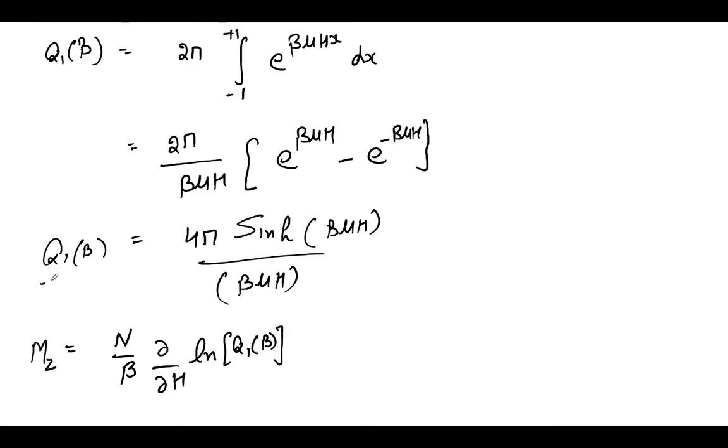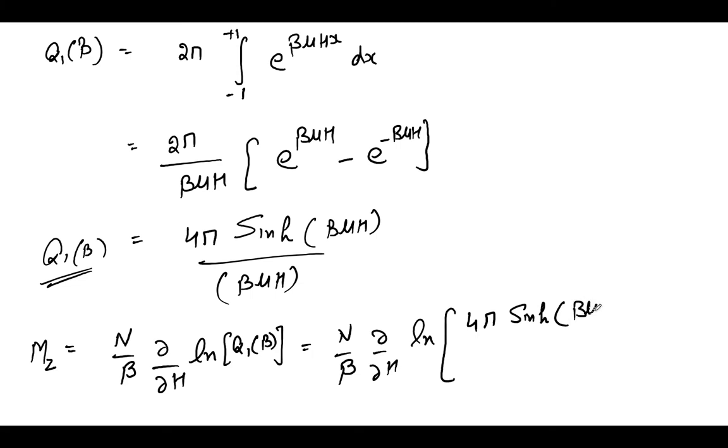So putting the value of the partition function q1 beta in this differentiation, this equation comes out to be N over beta del by del h log of 4 pi sine hyperbolic beta mu h over beta mu h.